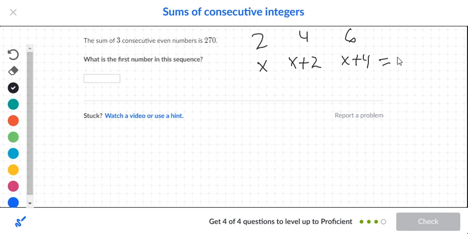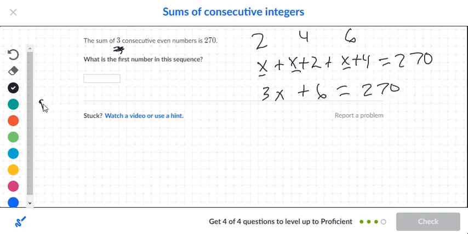So now these numbers here are equal to 270. So put down a plus sign and put down a plus sign. Notice it's 3 consecutives, and if we count our x's, we should have 3 x's, and we do. For the numbers, we just take 2 plus 4, 2 plus 4 is 6, and this is equal to 270.